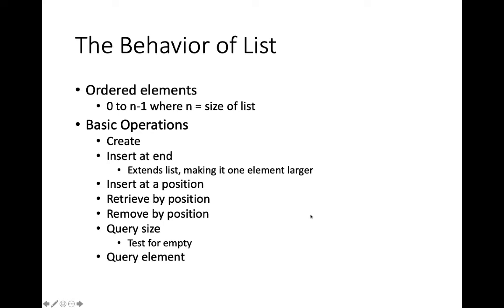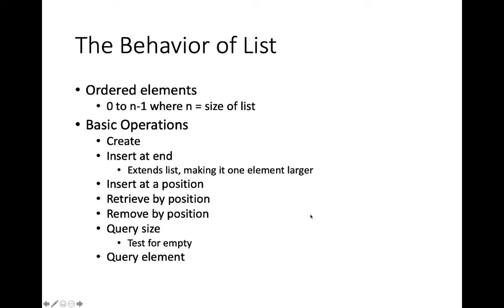Sometimes we want to remove the first occurrence of a particular element. I don't necessarily know the elements in the list, but if it is in the list, go find it and take it out. That's another common operation that most list definitions will provide.